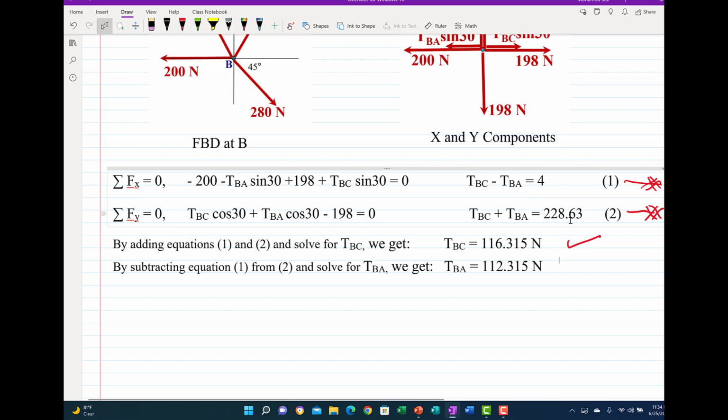Then divide by 2. Oh, you subtract, sorry, it's going to be subtracted, so it's going to be 224, and when you divide by 2 you get 112.35. This way we were able to get the second component.